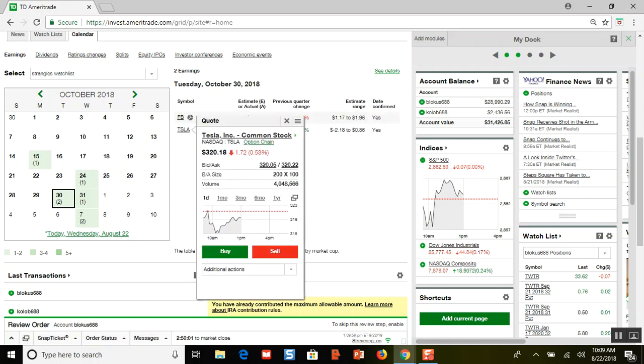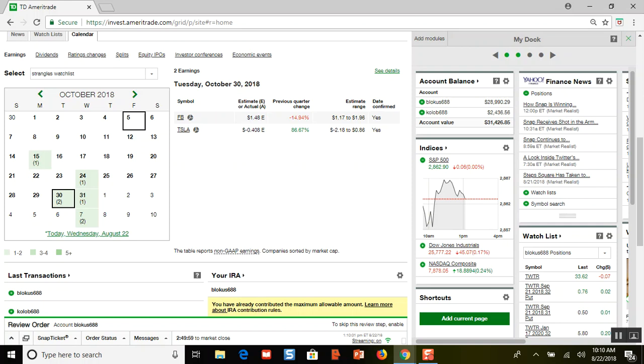And so you can do this week after week, and you could make your watch list as big or small as you want. You can put in as many stocks as you want, and you can just go to town. So if you enjoy this kind of investing, if you like to play the earnings game and you like to try to make money on some volatility, then that's what you can do.